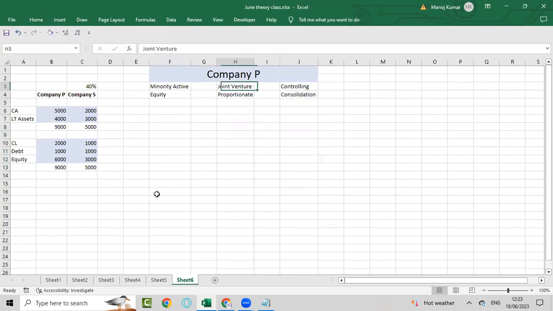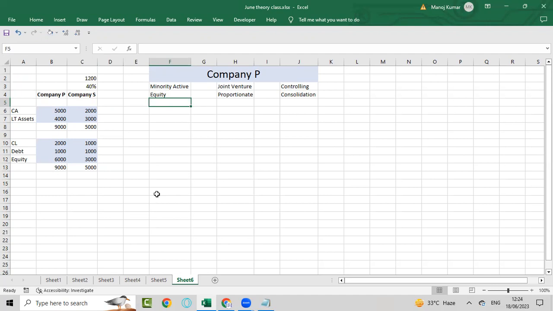Now, under the equity method, what are we going to do? Company P has given 1,200 rupees and acquired a 40% stake. Now, how will you report it? In this method, very simple: cash has gone out and equity investment in associate will come.